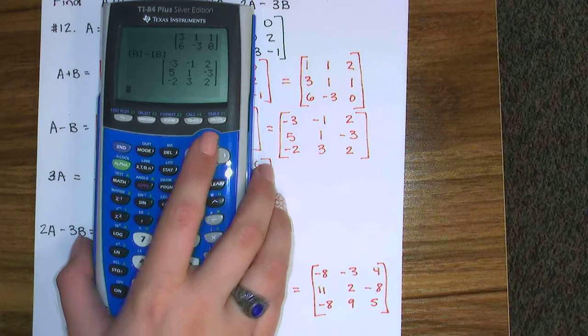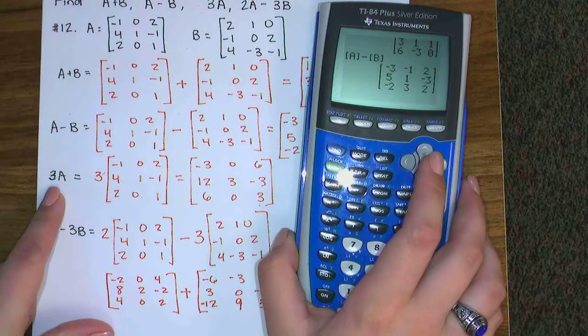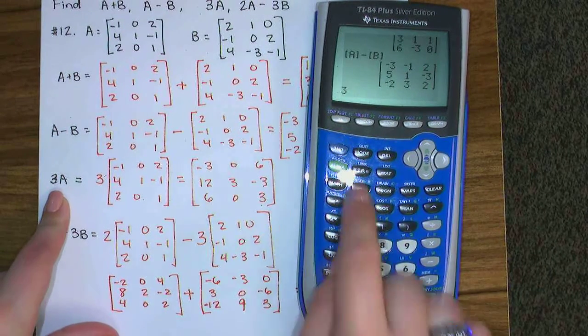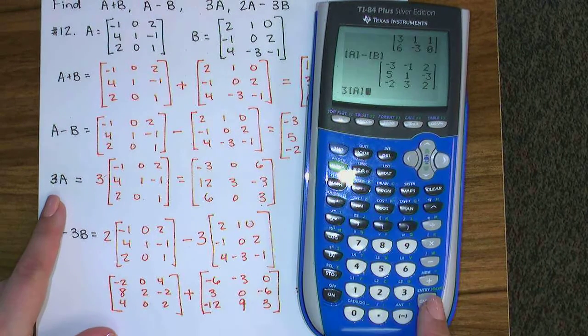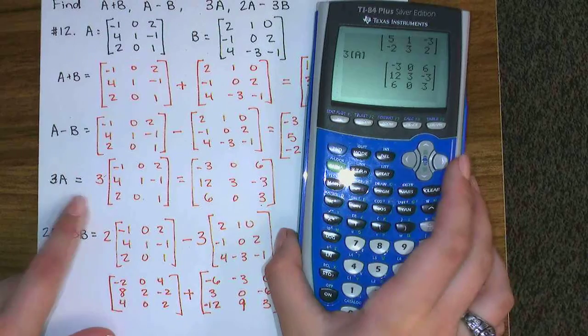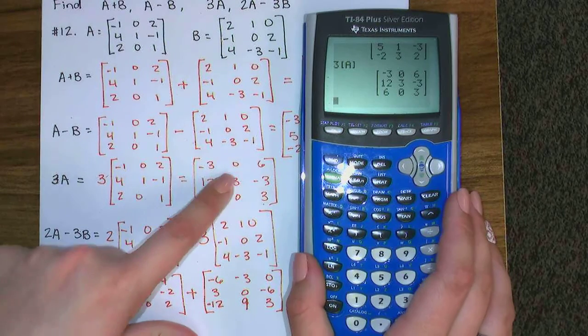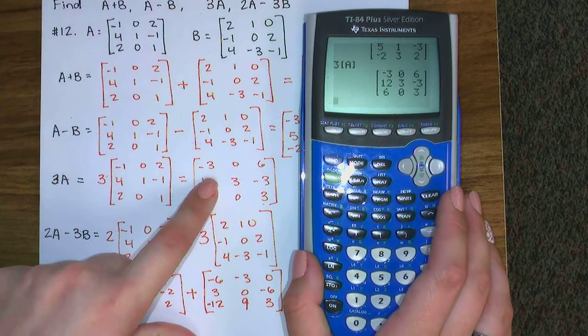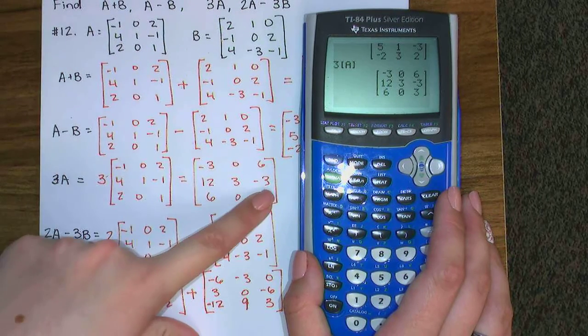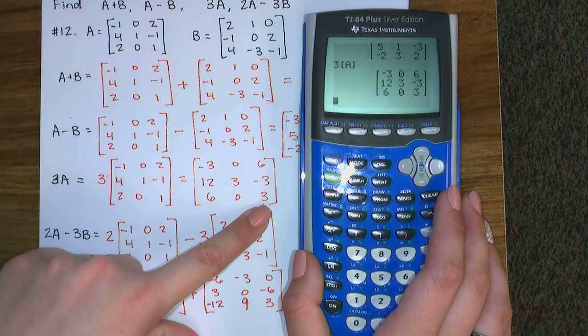Now I need to do 3 times matrix A. So you have to do the 3, second matrix, matrix A, hit enter. Now I can check negative 3, 0, 6, 12, 3, negative 3, 6, 0, 3. So that one was good.